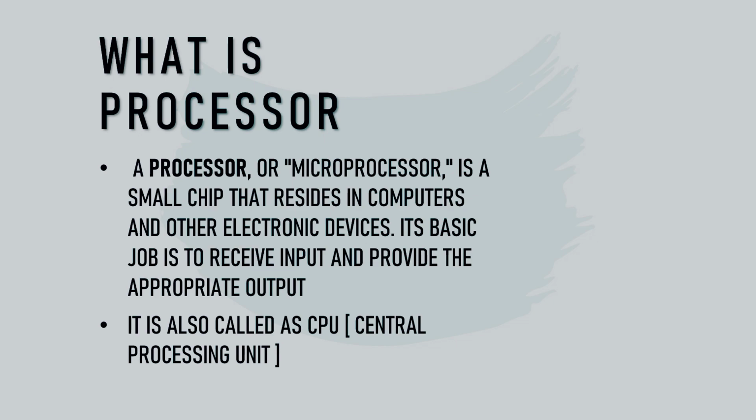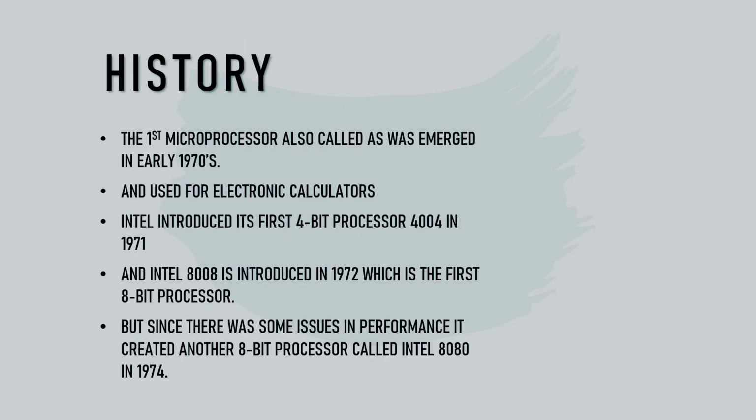Well, that's about the processor, and now let us know a little bit of history of the processor. The first microprocessor, also called a processor, emerged in the early 1970s, and you know what, it was made by the Intel company, and it was used for electronic calculators.